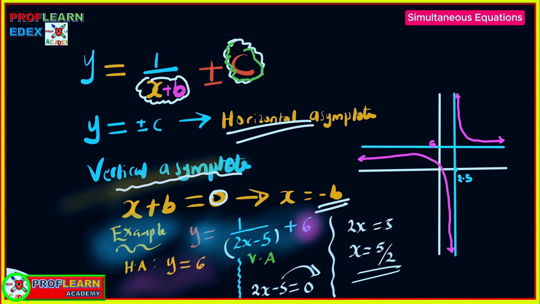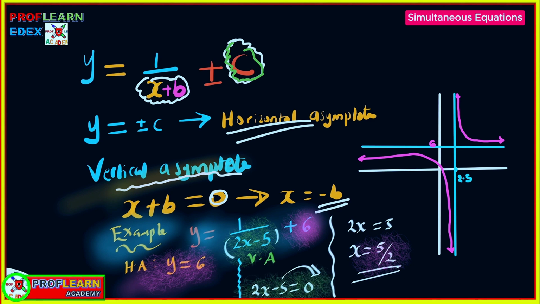But if we are talking about the vertical asymptote, we are going to take 2x minus 5 equals 0, then make x the subject, and that translates to x equals 5 over 2 as the vertical asymptote.